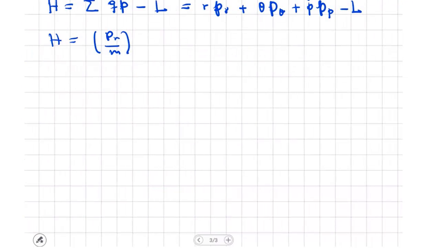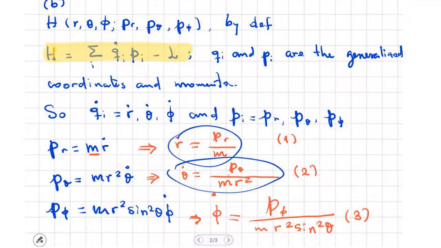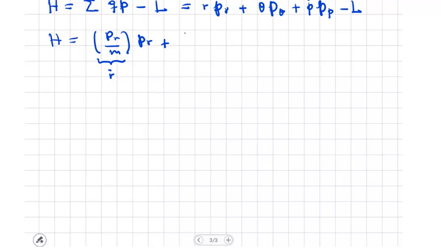So this would be the first term is r dot pr. Okay, this is r dot plus theta dot, but theta dot is p theta dividing the mass multiplying the radius square. So this would be p theta dividing the mass r square, plus p phi.